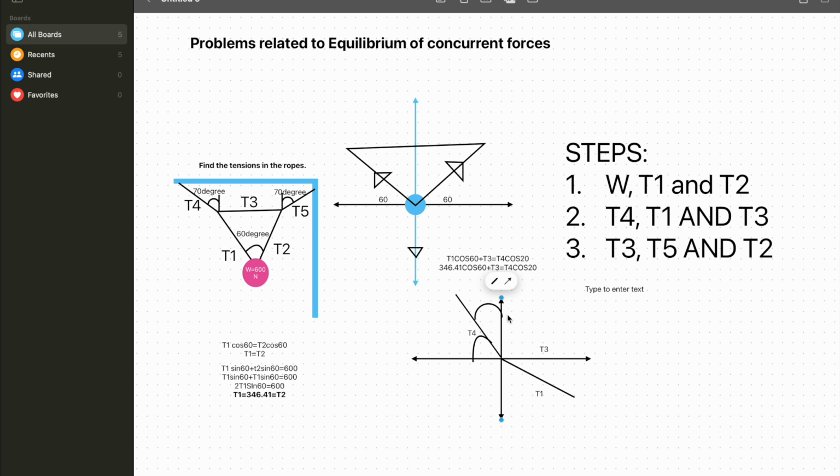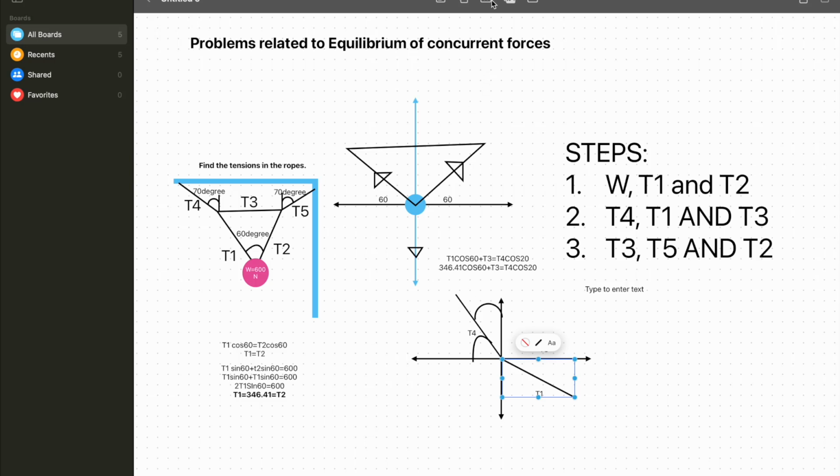if we take the component of T4 at the y-axis, it will be T4 sine of 20, and if we take the component of T1 at the vertical axis, it will be T1 sine of 60, right?